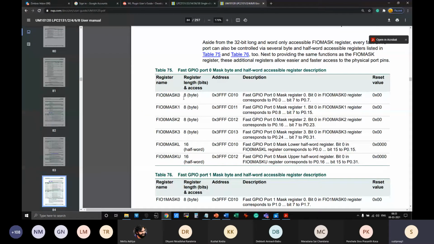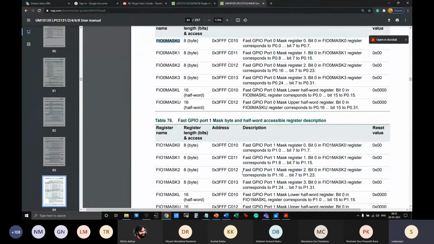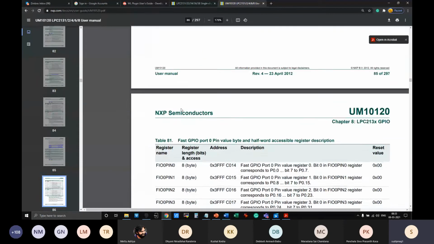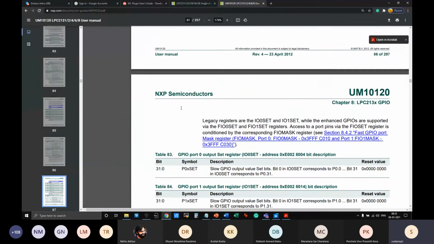So you can use these values in this nomenclature, this way of writing syntax, while writing your C code or assembly code for this microcontroller. Just let me scroll through once.